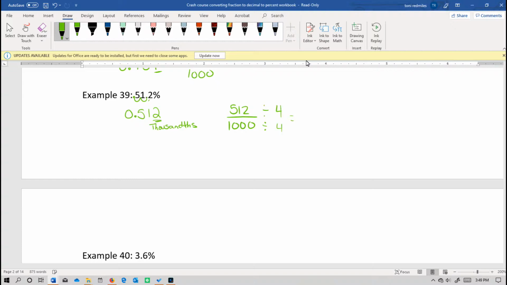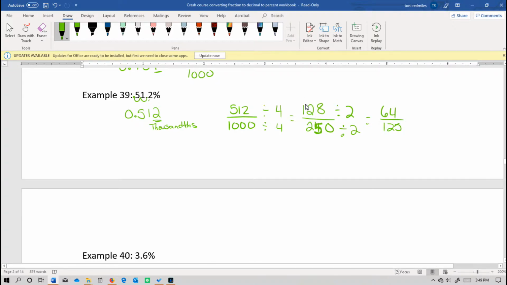So 4 goes into 512 128 times, and 4 goes into 1,000, 250. Right, I can reduce them by 2 again. Looks like I'm going to be doing it again. But let's go ahead and see what the answer to this is. Oh, actually I will not, because 64 and 125 are not going to share the same factors.